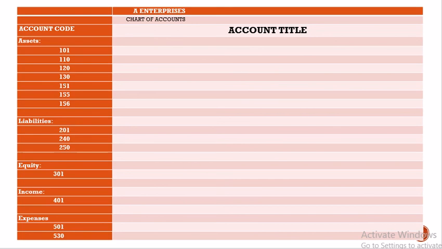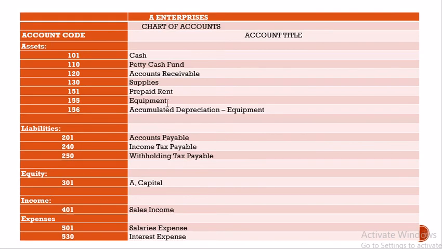Okay? So, tingnan natin yung ready-made na account form. Account chart. So, ito na yon. 101, cash. So, account code, then account title. Account code is 101, cash, 110, petty cash, 120, accounts receivable, and so on and so forth for assets.